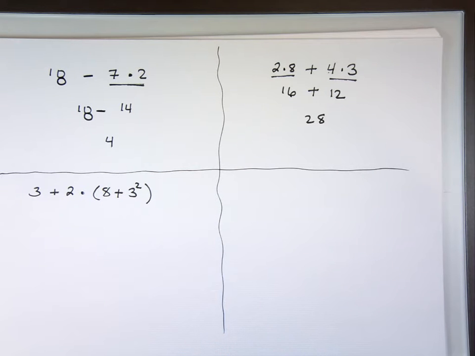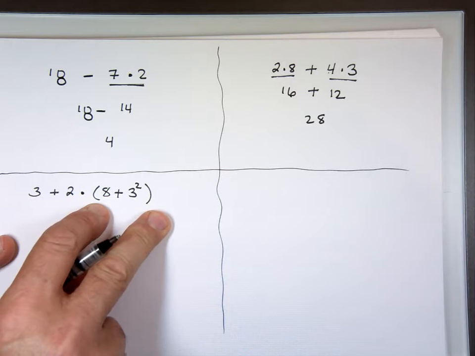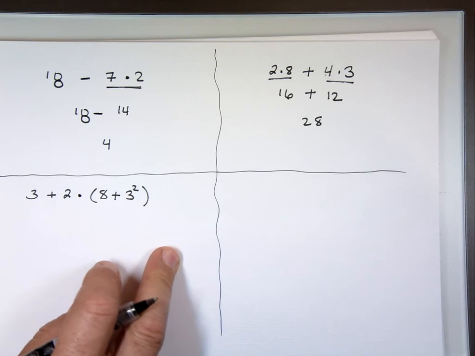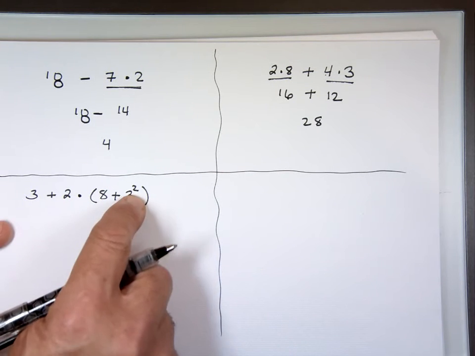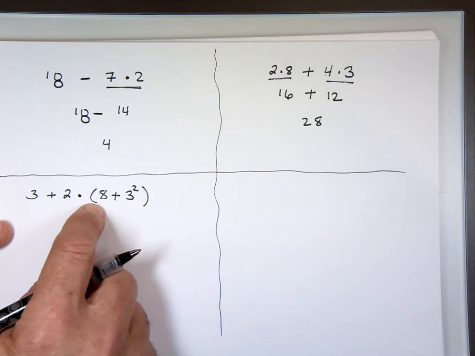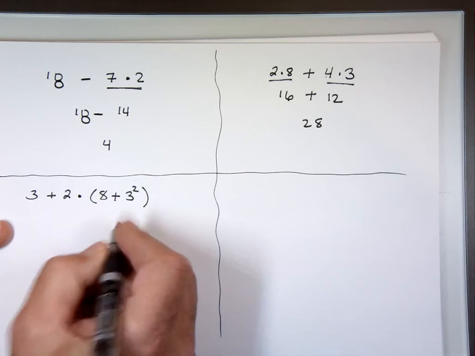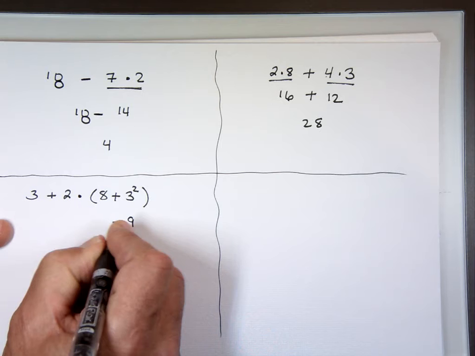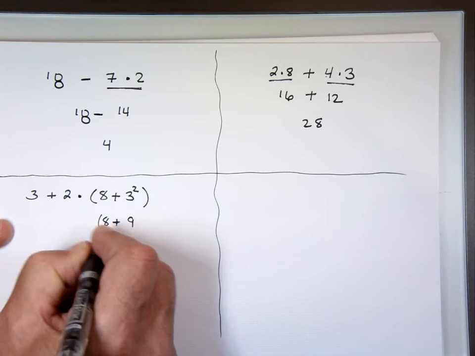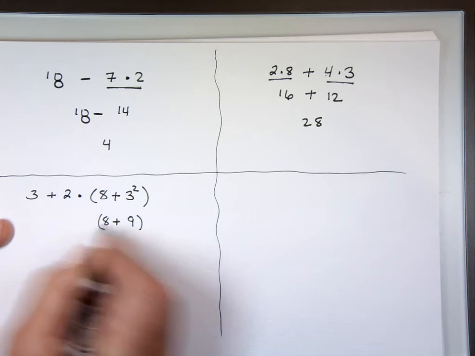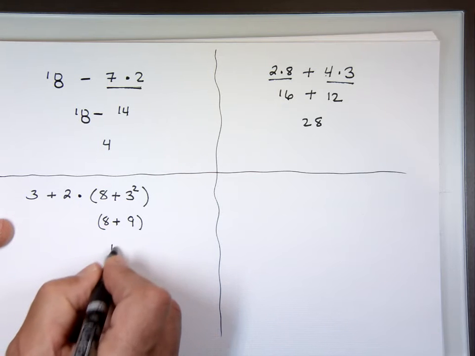So you have to do what's inside the parentheses first. When you're inside the parentheses, you still have to follow the order of operations. That's true. So you do the exponents before the addition. What is 3 squared? 9. 9 plus 8, you do that first. What's inside the parentheses? What's 8 plus 9? So it becomes 17.